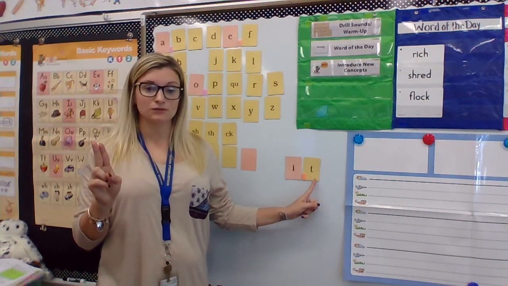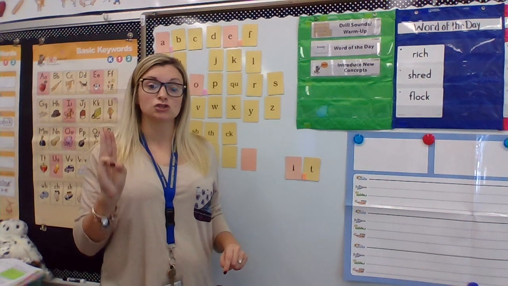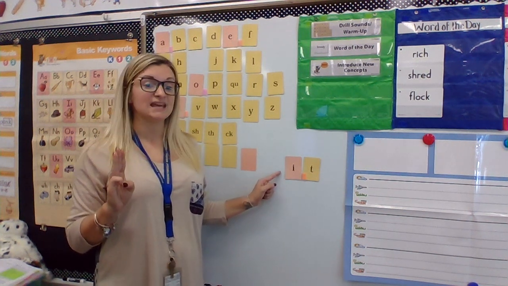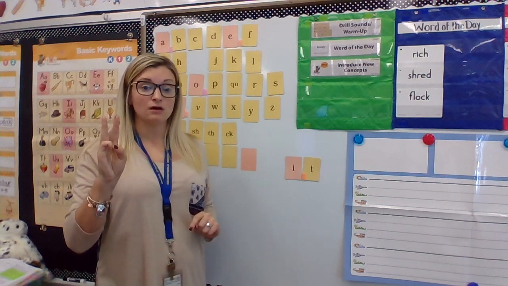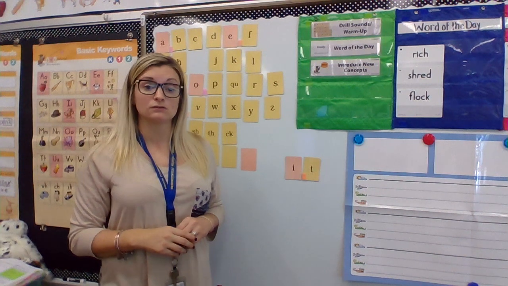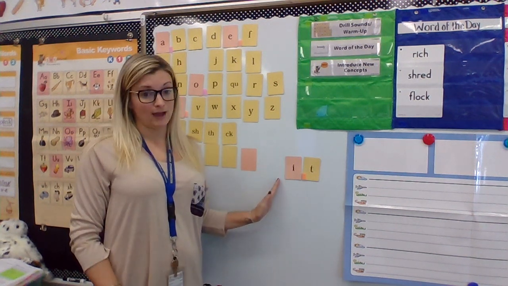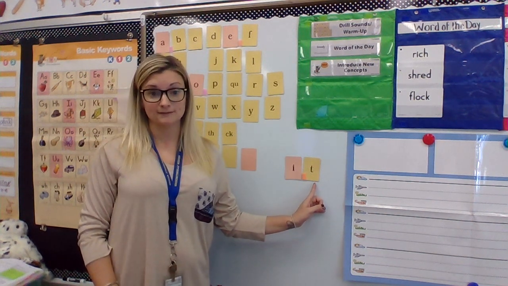It is followed and closed in by a consonant. Three, it needs to make a short vowel sound. So let's look at that I. It makes the it sound, which is short. Yep. So it follows all three rules, which means it's a closed syllable. Remember, it doesn't matter what's in front of the vowel, only that the vowel is followed by a consonant at the end. Okay?